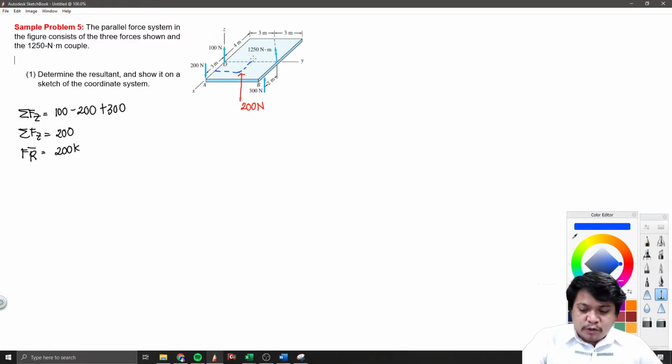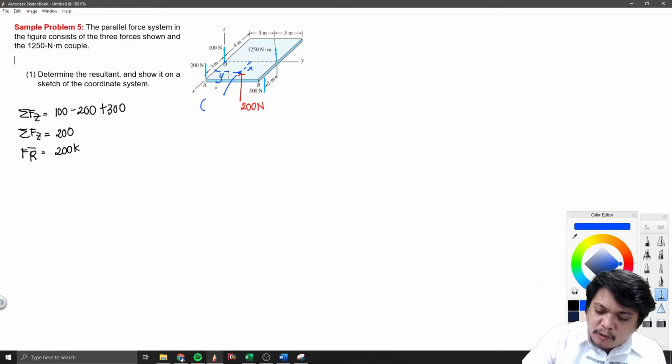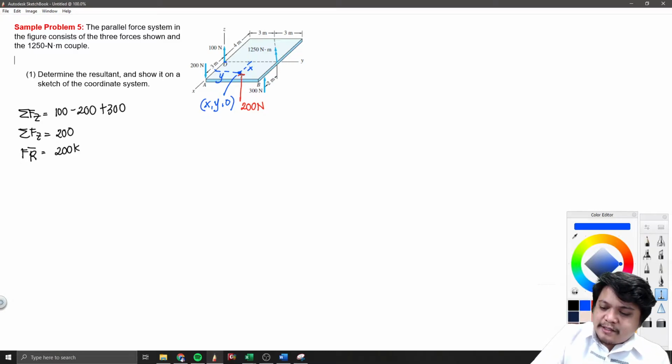Since I do not know kung nasaan yung location na yun, hypothetically, lalagyan ko siya ng X and then Y. So, yung distance from O hanggang doon, I will call it X. From dito hanggang doon, we will call it Y. Okay? So that this point has the coordinate X, Y, and then 0. They lie on the plane. So, X dimension, Y dimension, and then 0.